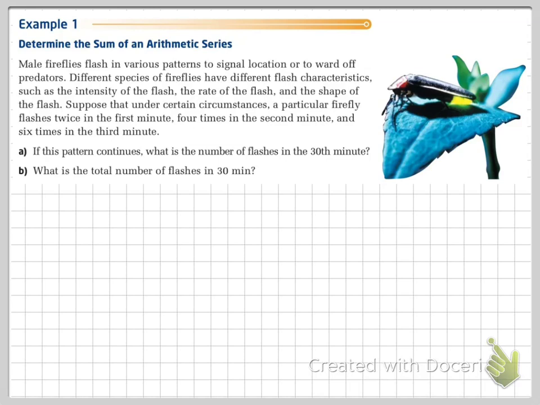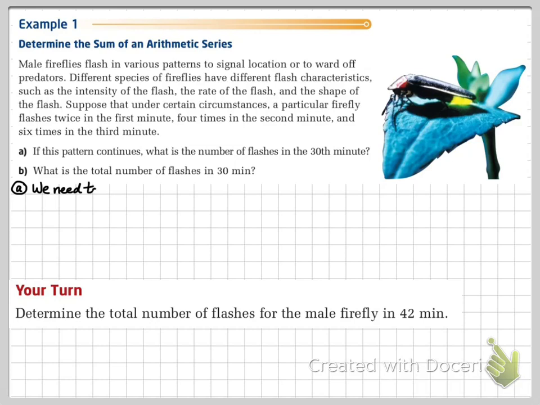Well, here we go. We need to, first of all, figure out what the 30th term is going to be. We're going to use the equation that we learned last day: Tn is equal to T1 plus n minus 1 times d.